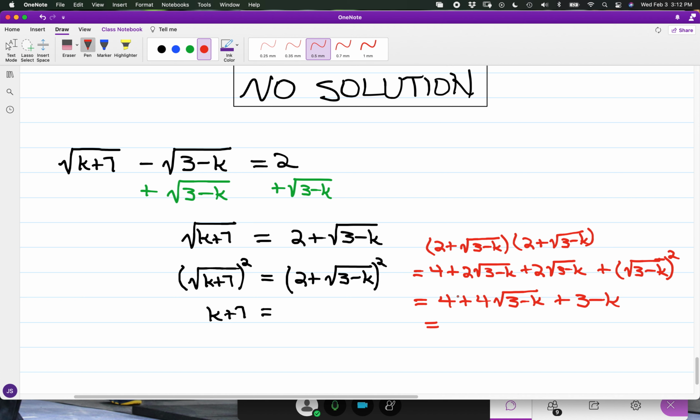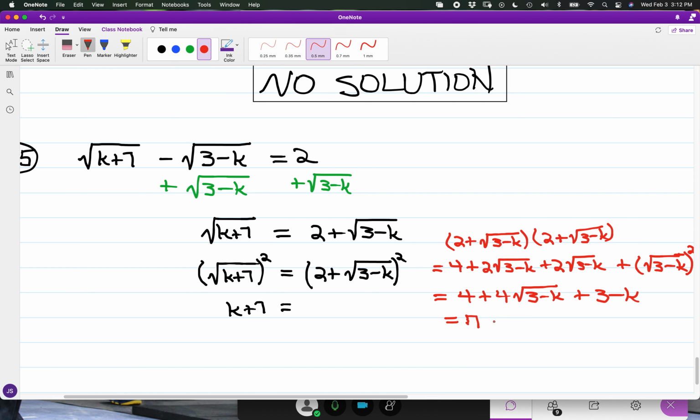And combining, we have 4 plus 3 is 7, plus 4 times the square root of 3 minus k. And again, we have the minus k at the end. So just relaying what we have here to the right hand side of the equation.